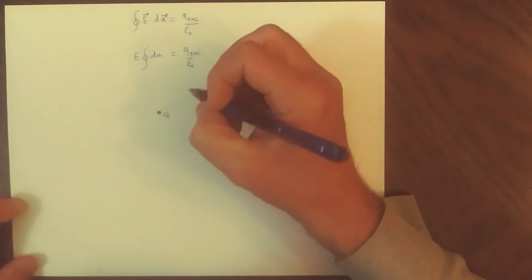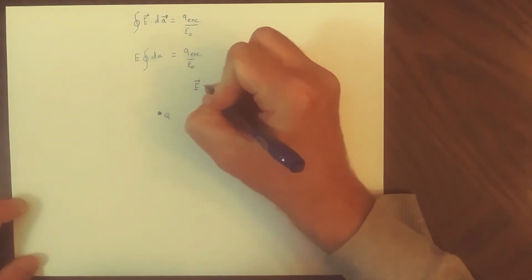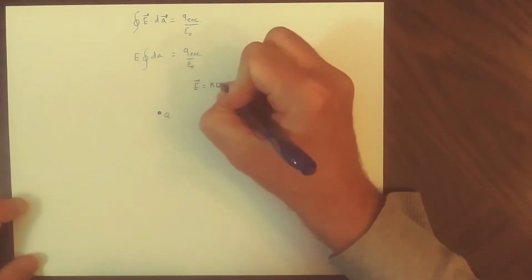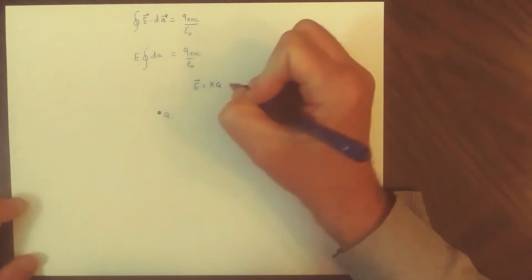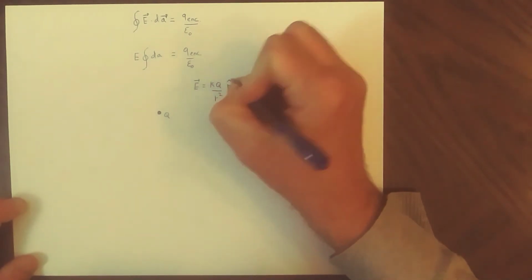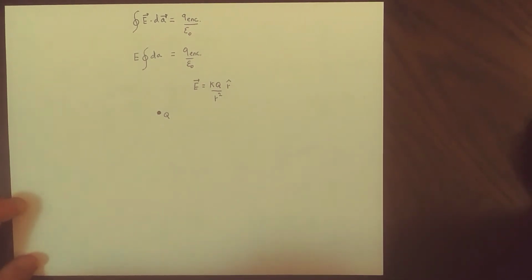Now we already know from experiment that the electric field is simply K times the value of the charge, which in this case is capital Q, over the distance squared times r hat, right? So if we're not dealing with the xy plane only, and we're thinking three-dimensional space, then that's a perfectly reasonable expression for the electric field.